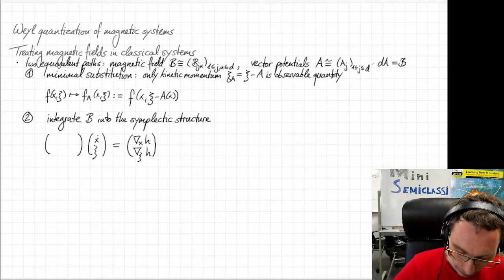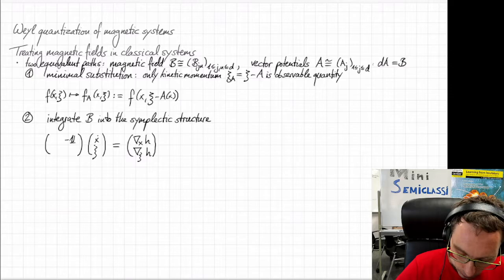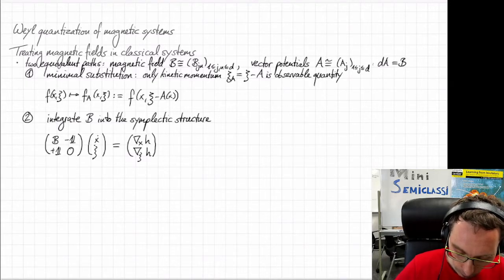And now to get the right combinations of signs, the x gradient of h needs to appear in the equation for xi dot, and it needs to be multiplied with a -1. So we have a minus identity matrix here. The xi gradient appears in the equation for x dot. So we have a plus identity here. And the Lorentz force term appears for the magnetic term. So let me write the B here.